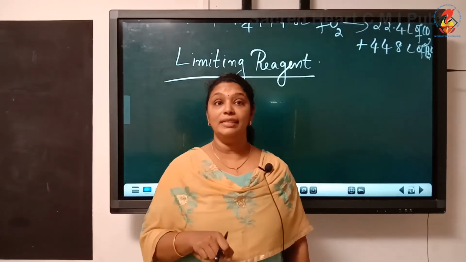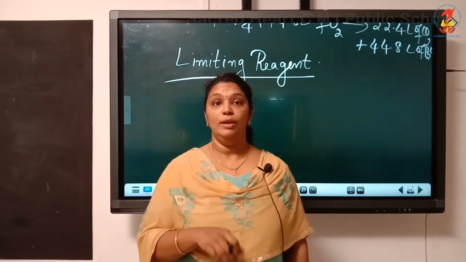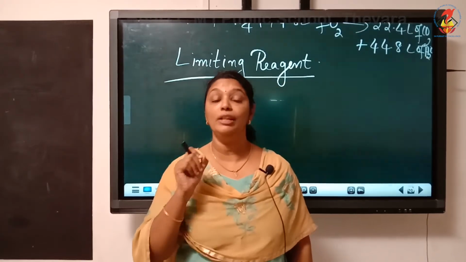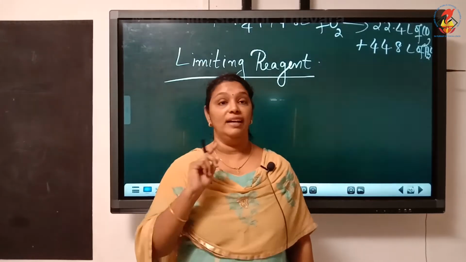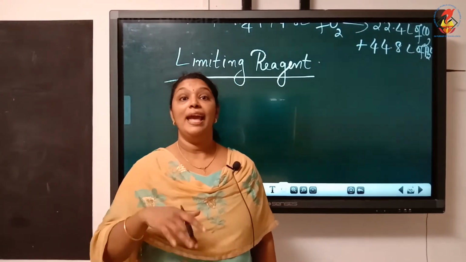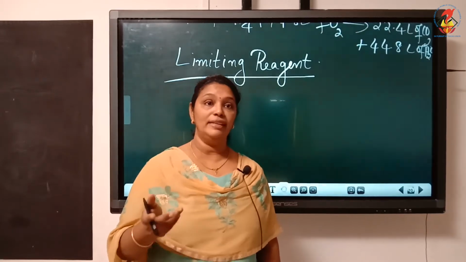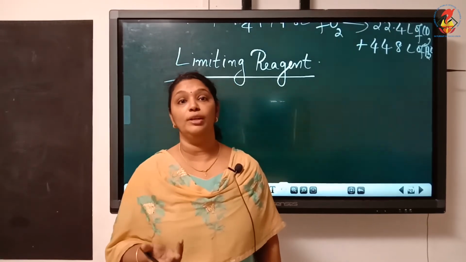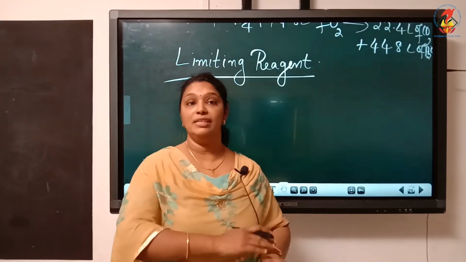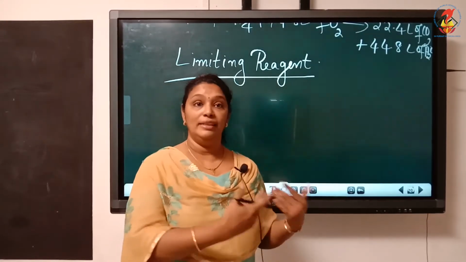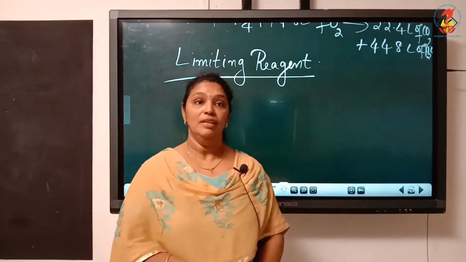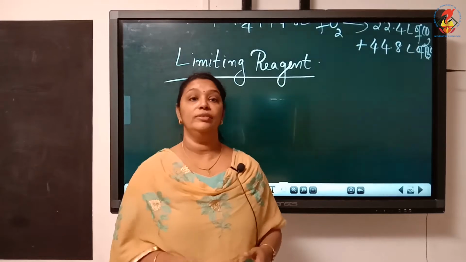So the reactant which is consumed first will limit the amount of product formed, and we call this reactant the limiting reagent. The other reactant is known as the excess reactant. The excess reactant will not undergo any further reaction, because once the limiting reagent is over, no further reaction takes place. So this is called a limiting reagent.